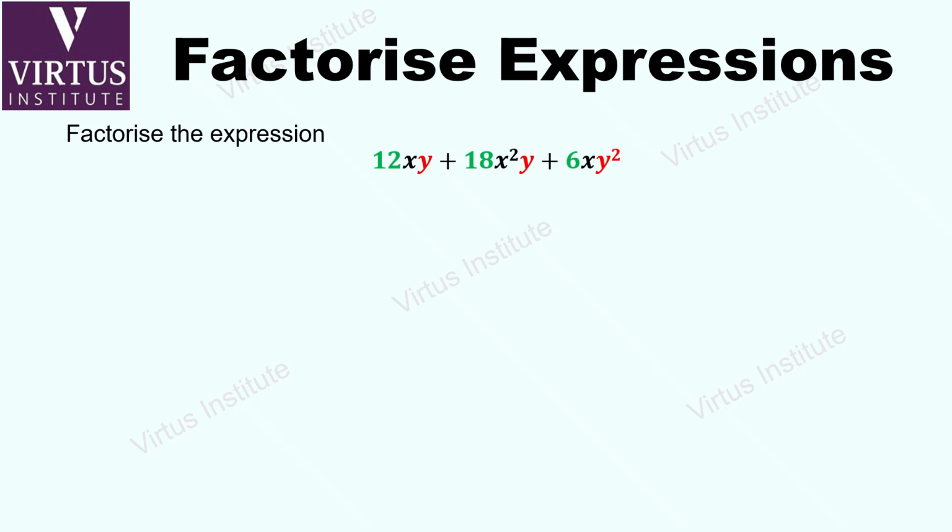The highest common factor is the largest value that divides all terms exactly. To do this, break the numbers into factors. 12 becomes 2 times 2 times 3. 18 becomes 2 times 3 times 3.